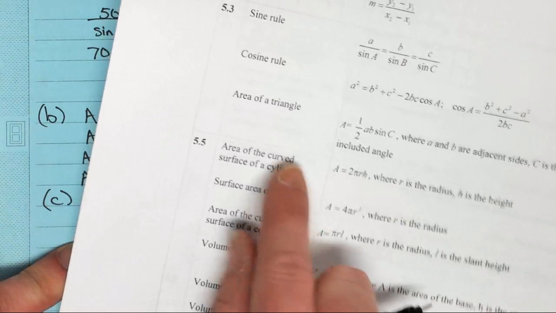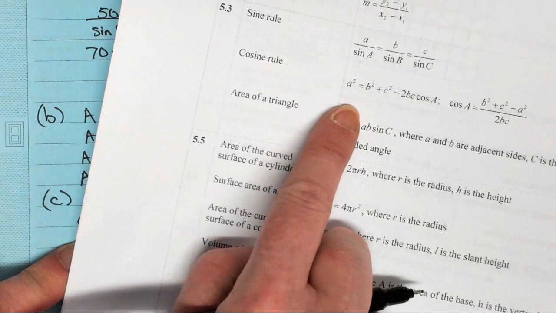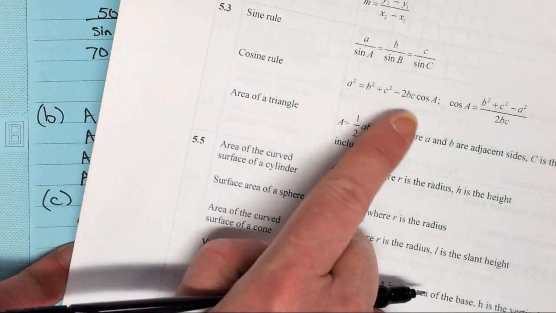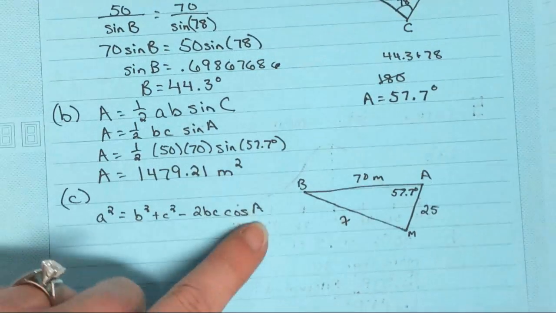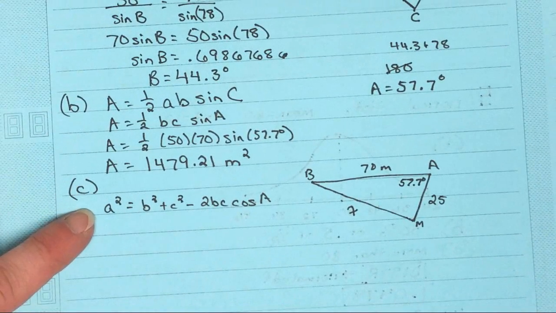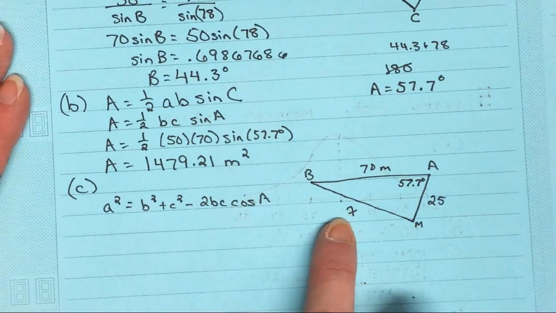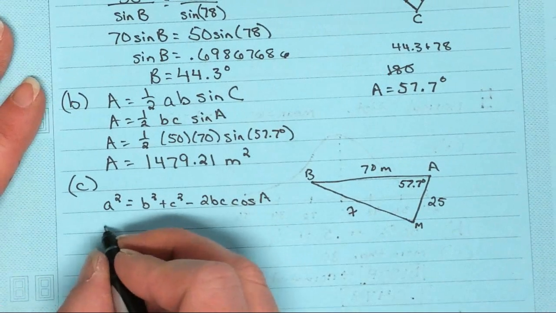I didn't memorize that, it came right from here. Notice that the little a and the big A mean that angle has to be across from the side we're looking for. Yeah. Okay, so we're looking for this little side, I'm going to call it X.